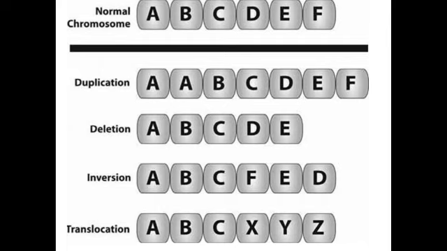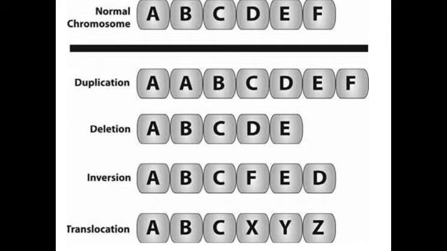So in this picture, at the top one can see a normal chromosome having 6 genes designated as A, B, C, D, E and F. In duplication one can see gene A is repeated once again adjacent to the other gene A. So in case of duplication, an extra gene is added to the normal chromosome, that is nothing but A. So you can see 7 genes on a chromosome. This is called duplication.